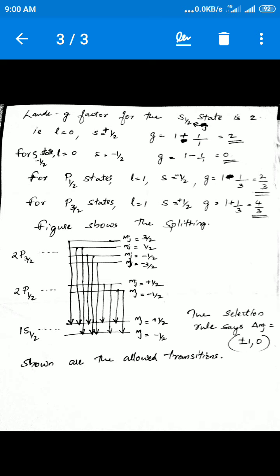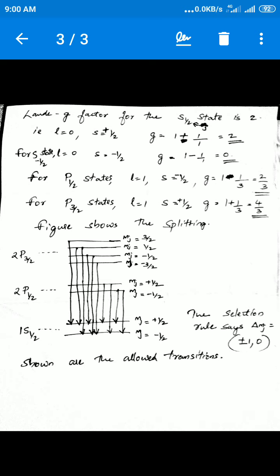For P half state, that is, P state means l is 1 and S is minus half here. Why is it minus half? Because the subscript is J there.